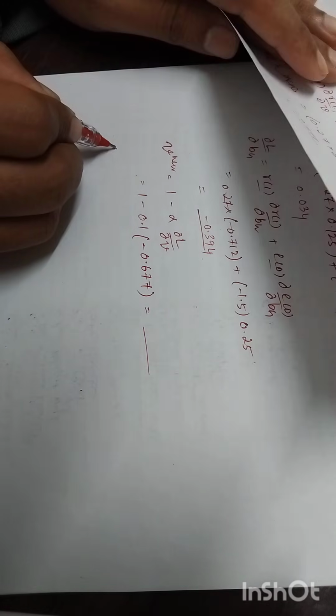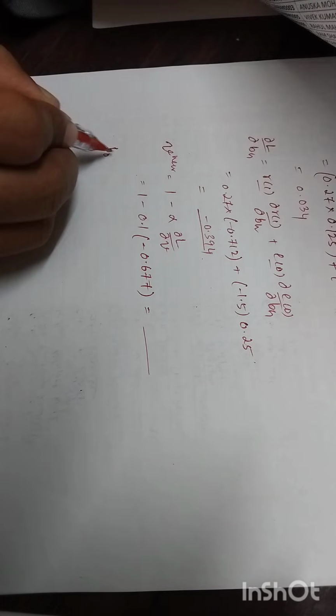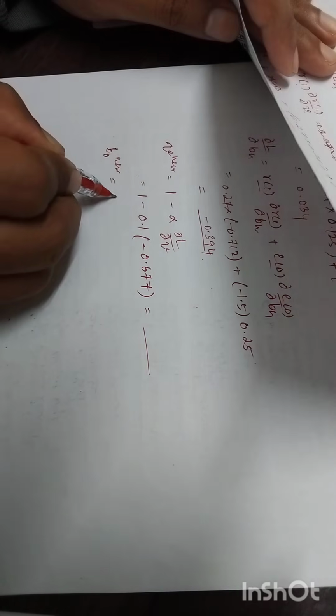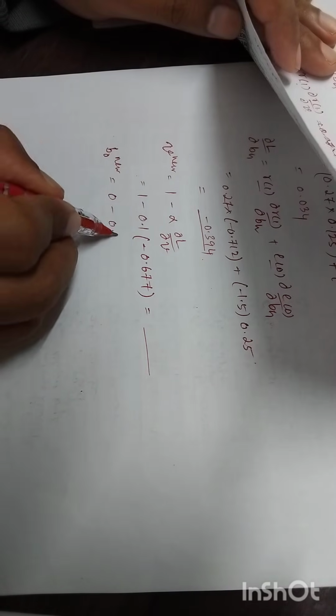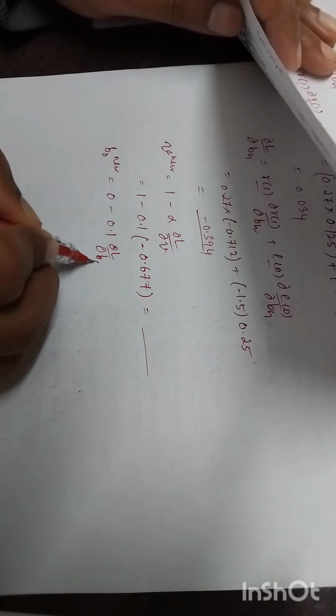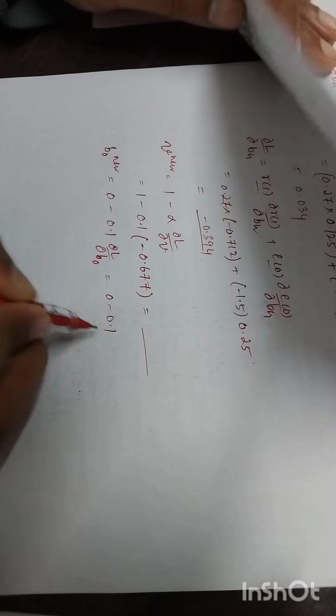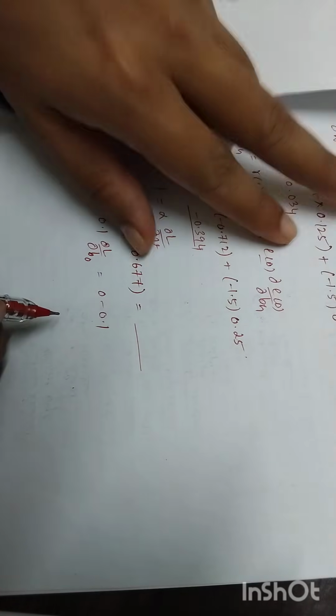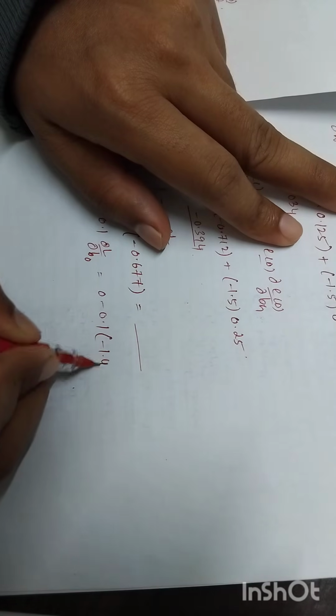And similarly, the B0 new value would be: initial value is 0, minus alpha, which is 0.1, into dL/dB0, which would be minus 1.473.